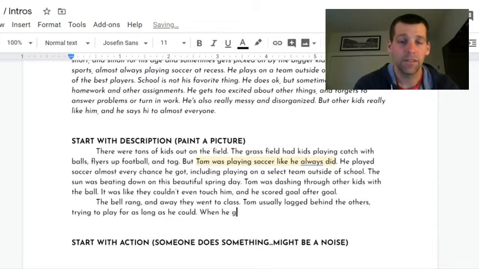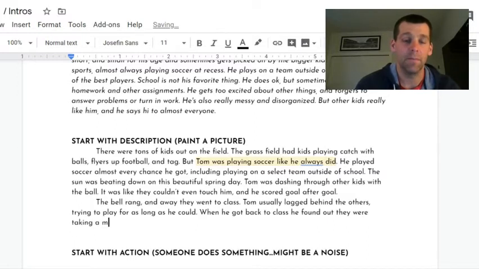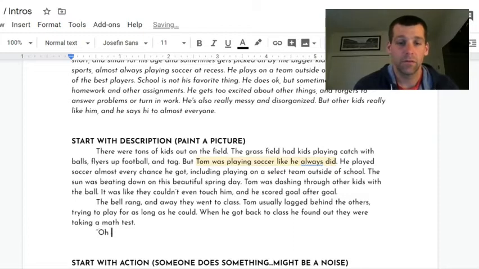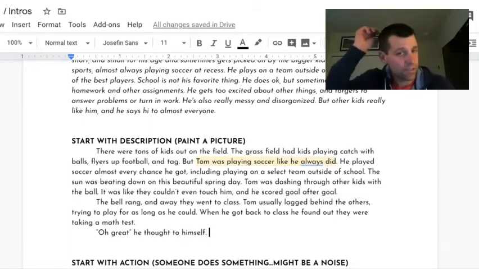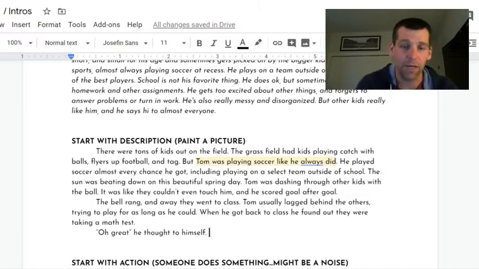Back in class, they found out they were taking a math test. Oh, great, he thought to himself. I want to make sure that the reader understands that that's something he doesn't feel very good about, right? So you're starting to get the idea that he likes sports, not so much school.